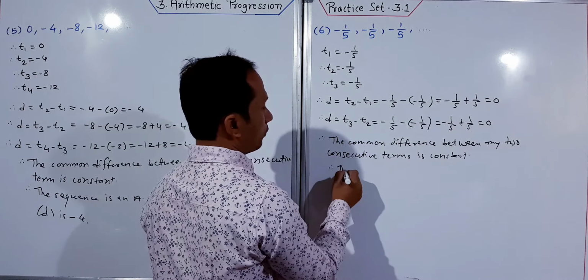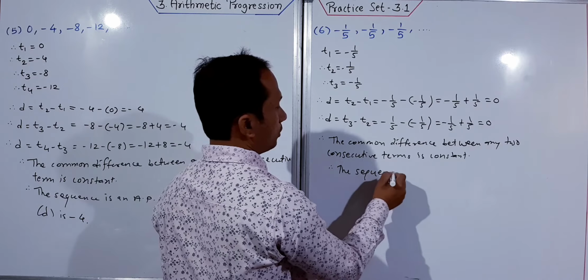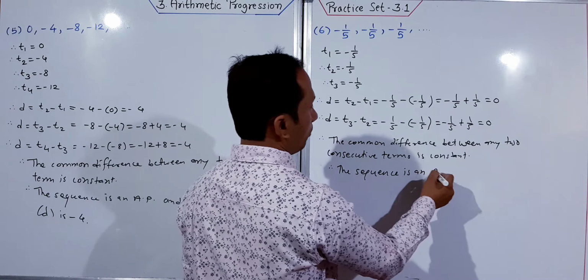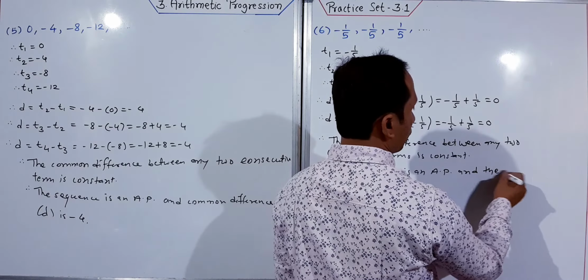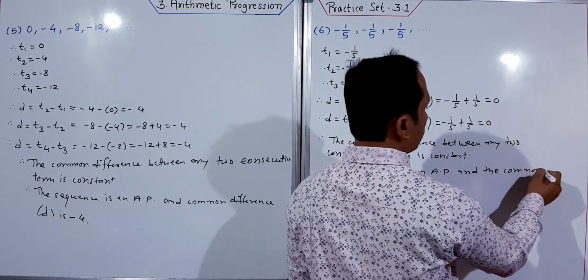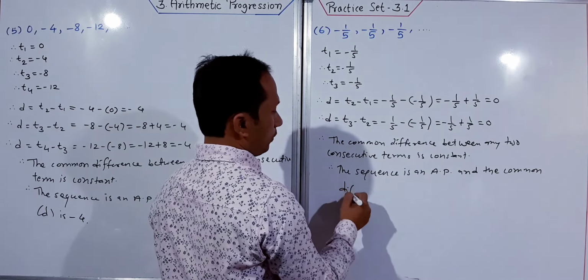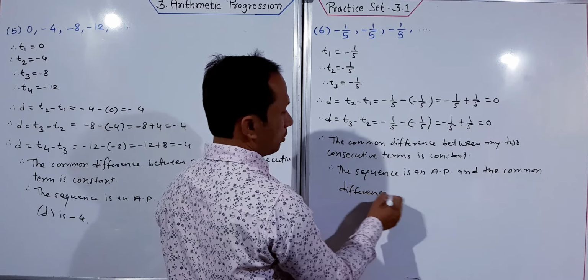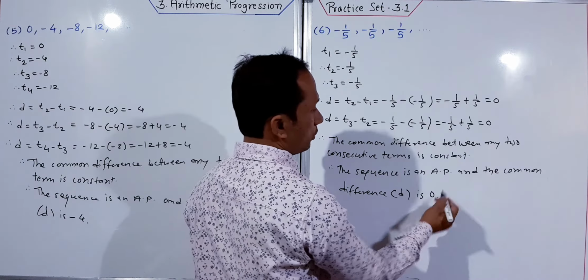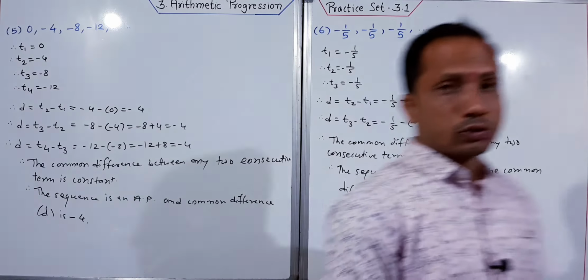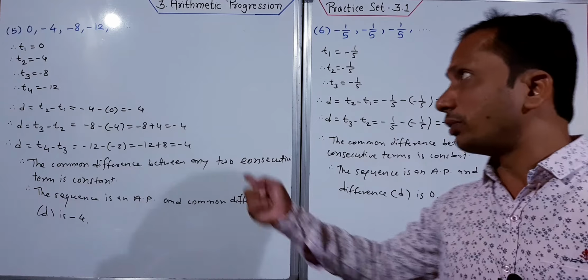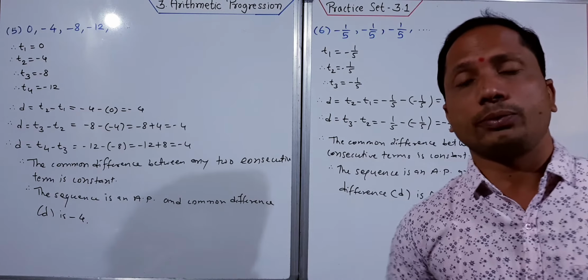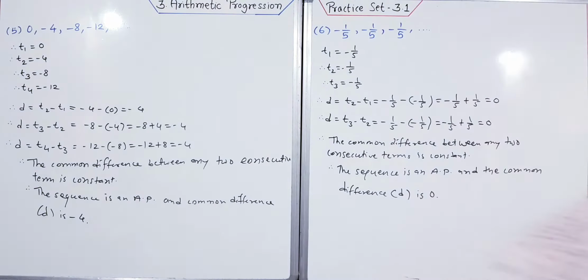Therefore the sequence is an AP, and the common difference D is 0 for this sequence. In this way you have to solve this, very easy. You can easily do this. So this is problem number 5 and this is 6, and now we are going to solve problem number 7 and 8.